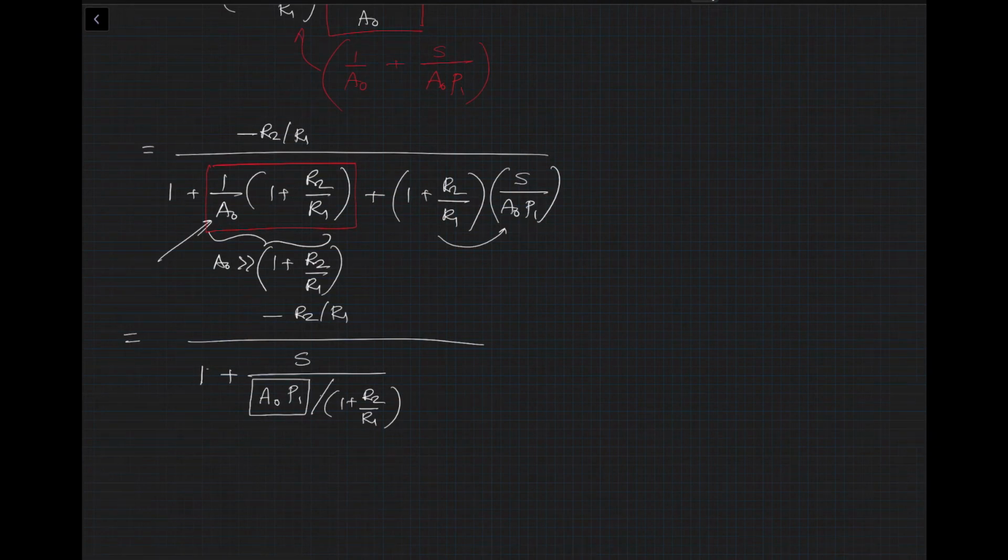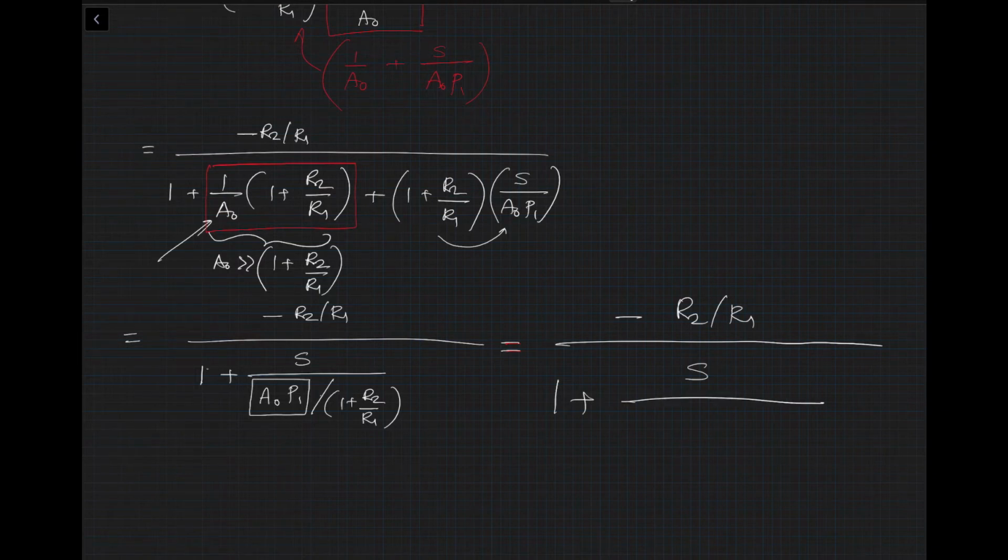We can say here this is equal to minus R2 divided by R1, divided by 1 plus S divided by omega UGF divided by 1 plus R2 divided by R1.